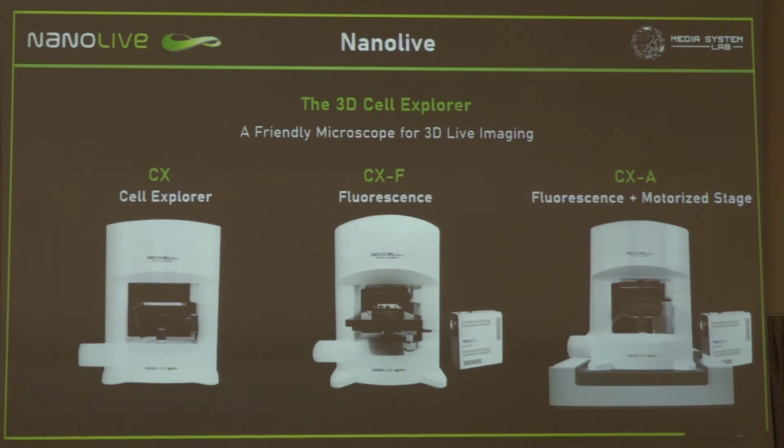But the main instrument from NanoLive now is the CXA that has the fluorescence module and also a motorized stage. So CXA is the only holotomographic microscope in the world that will allow you to perform multiple samples simultaneously, up to the 96 well.